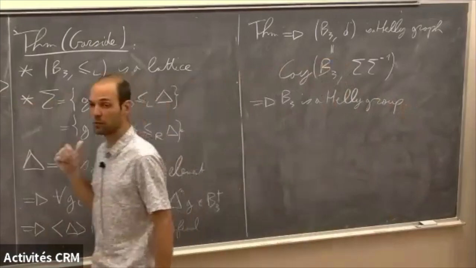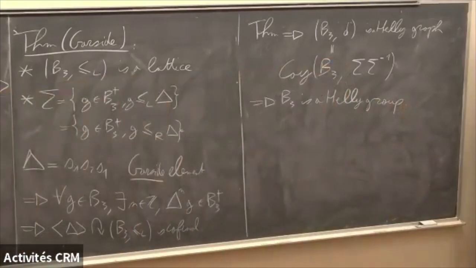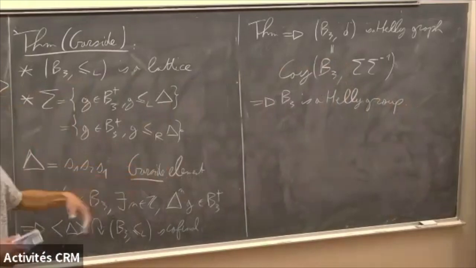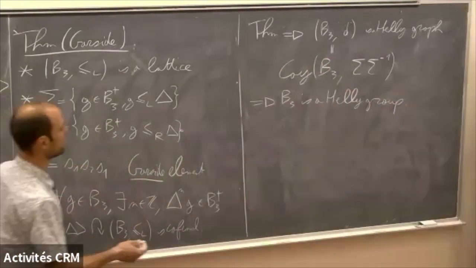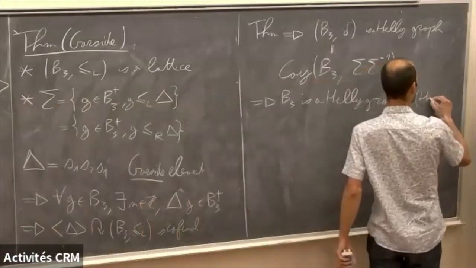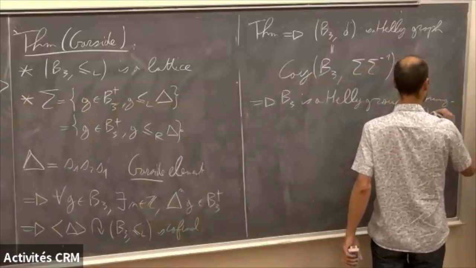And this argument works more generally for all braid groups, for all finite type Artin groups, and even more generally for what are called Garside groups, which are lattices with a Garside element, which have the same combinatorial properties. And this result is due to Huang and Osajda, that Garside groups are Helly.